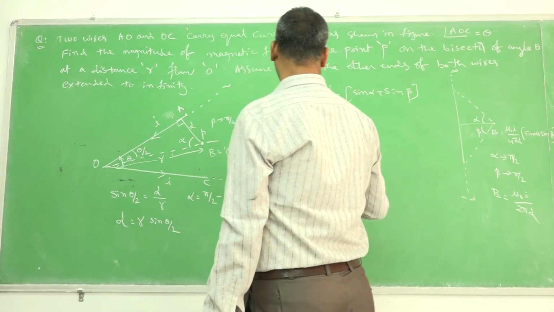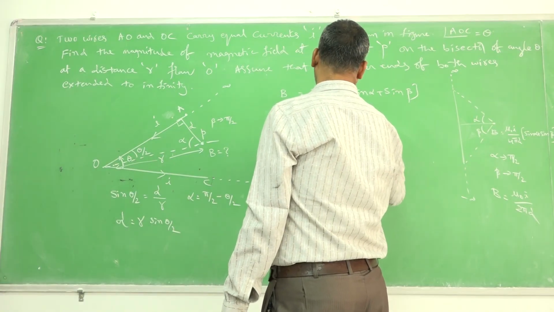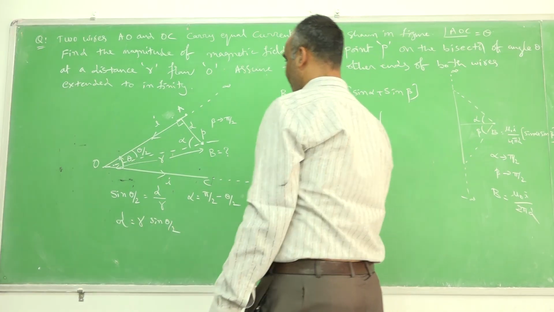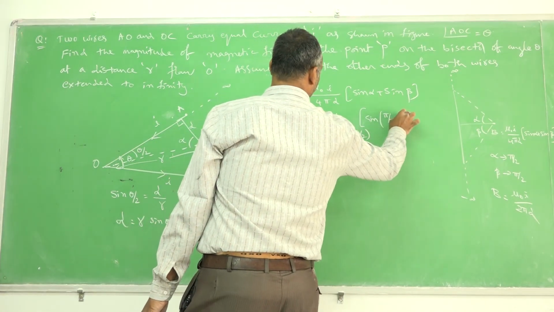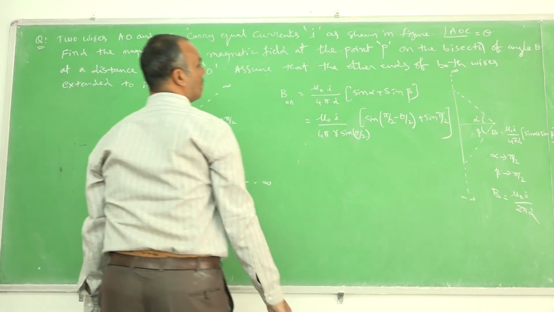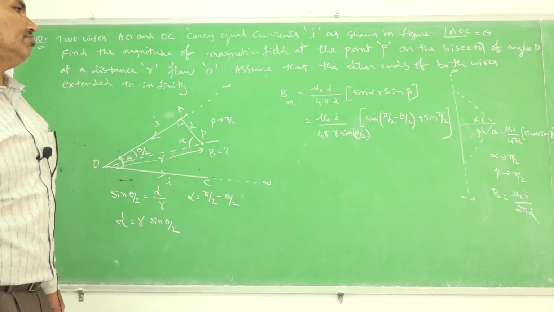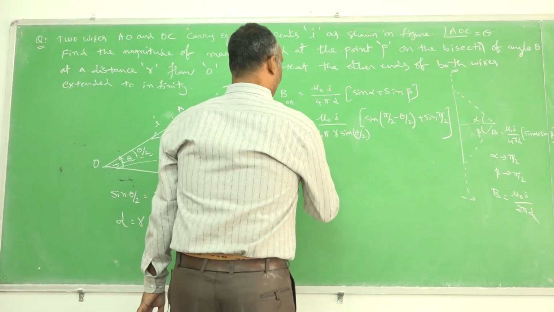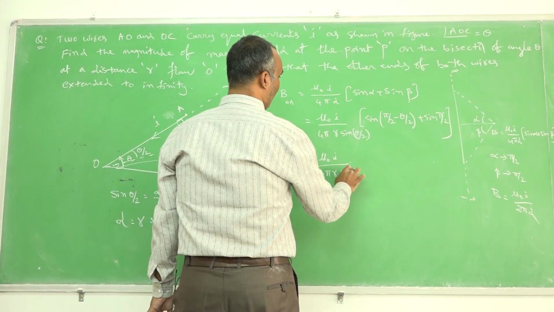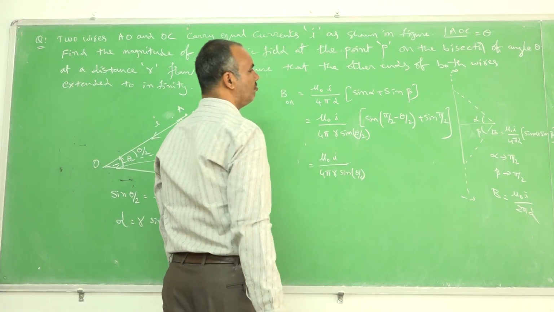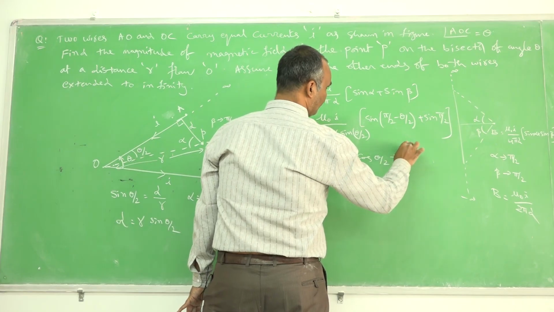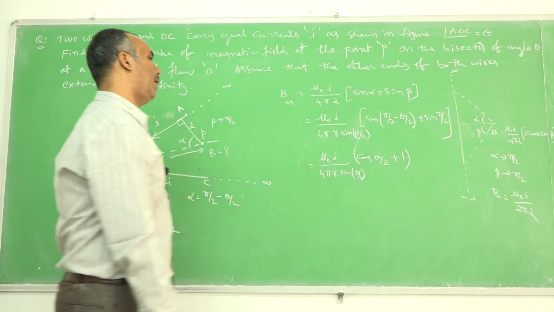D value I calculated as r sin theta by 2. Sin alpha is sin of pi by 2 minus theta by 2, and beta tends to pi by 2. So it is mu naught I by 4 pi r sin theta by 2. Sin 90 minus theta by 2 is cos theta by 2, plus sin 90 is 1, so 1 plus cos theta by 2.